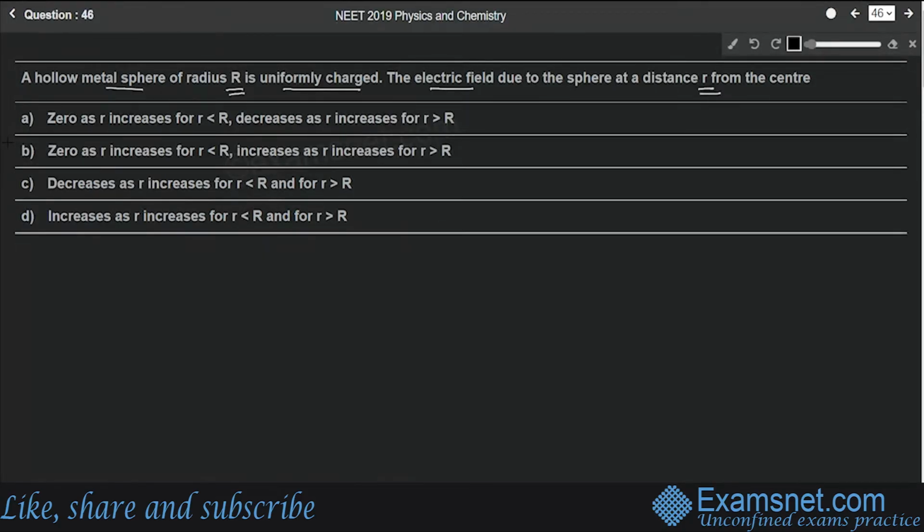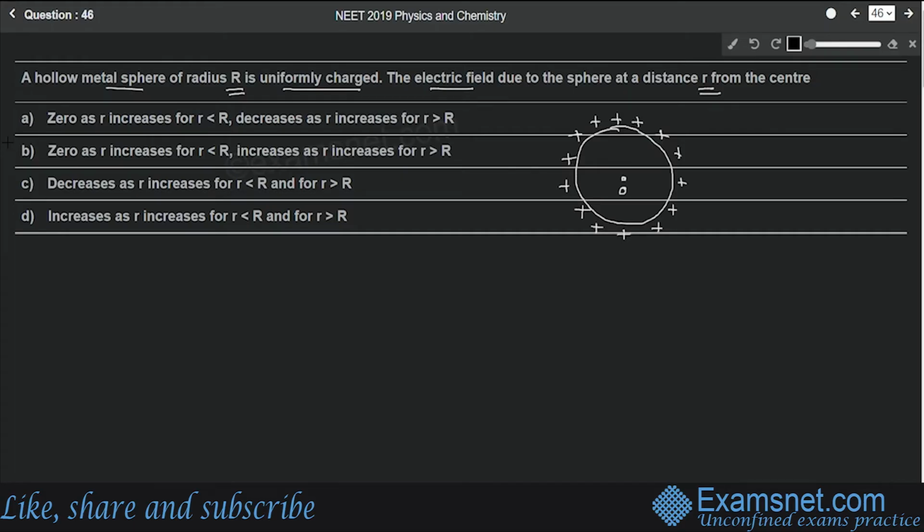Okay, so here we have a sphere that is uniformly charged, and this is a hollow sphere, so all the charges will be distributed on the surface only. No charge will be present inside the sphere. Now we have to find the electric field at a distance small r from the center. So if this is the center, then we have two conditions.